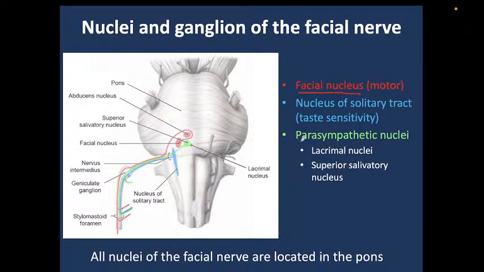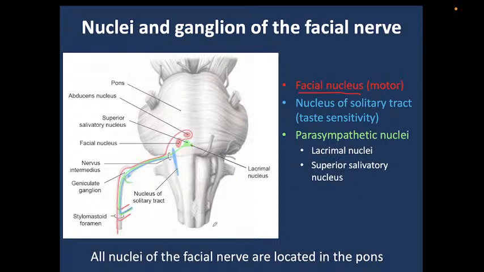And the visceral or autonomic nuclei are called the lacrimal nucleus, a small nucleus visible here, and the quite large superior salivatory nucleus. They are responsible for the lacrimal gland; the small lacrimal nucleus, I hope you guess, is responsible for lacrimation, and the superior salivatory nucleus is responsible for innervation of the salivatory glands.